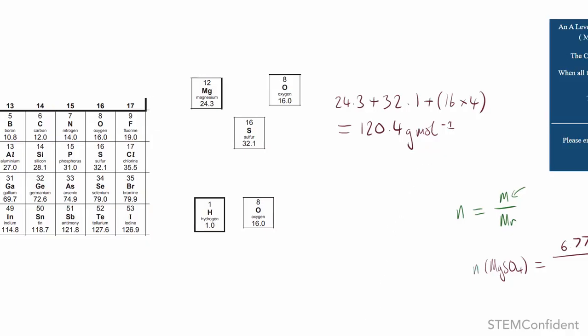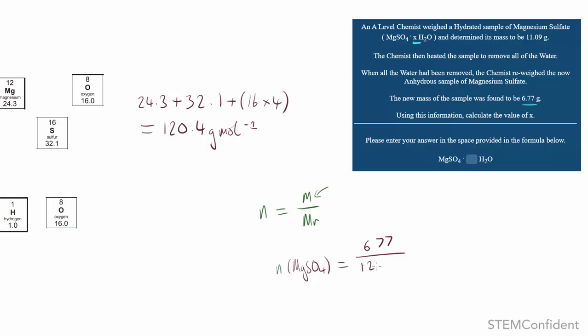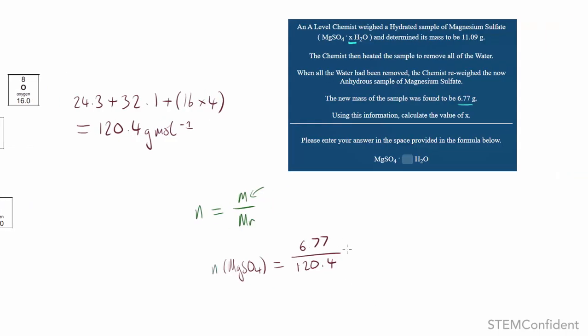So therefore, what we're going to have here is 6.77 divided by 120.4. If you do have a go at working out what that is, you should find that you get 0.056229, and that's in moles, and it's to 5 significant figures.